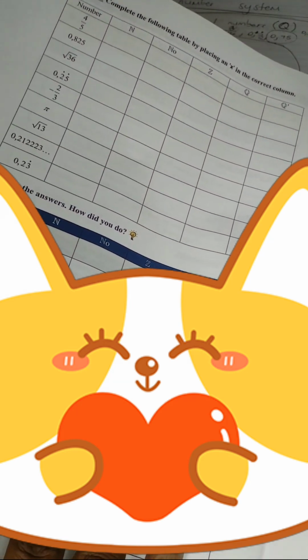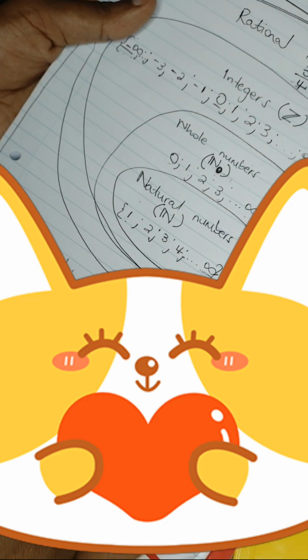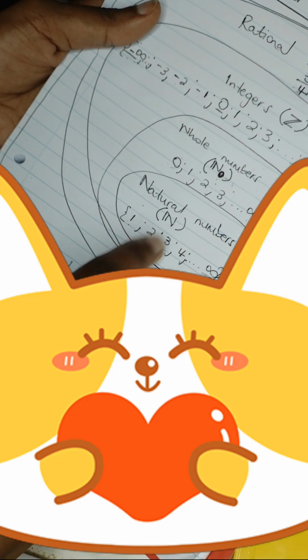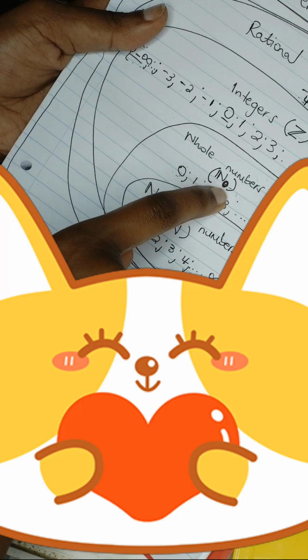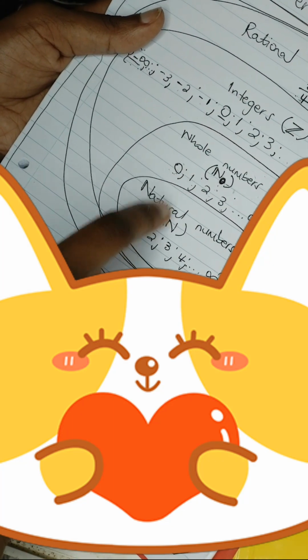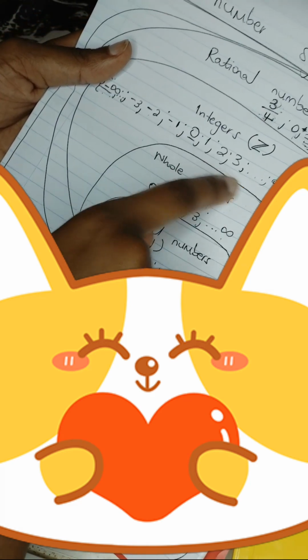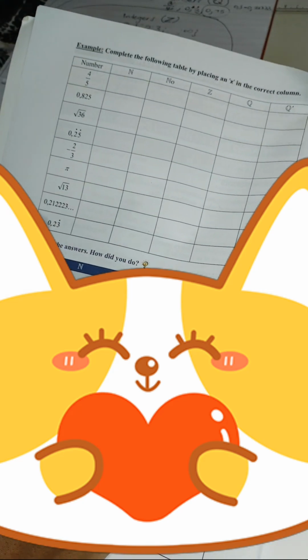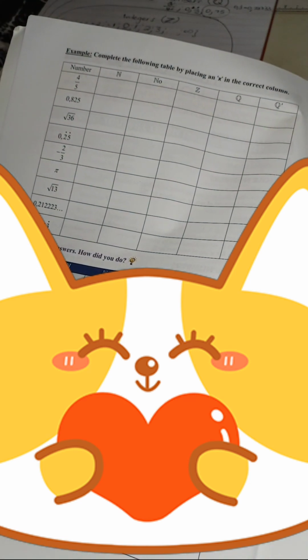Remember this diagram: 1, 2, 3 is a natural number, but it's also a whole number. So a number can be in more than one column. That's what you're going to do for this exercise now, making sure that you grasp the concept.